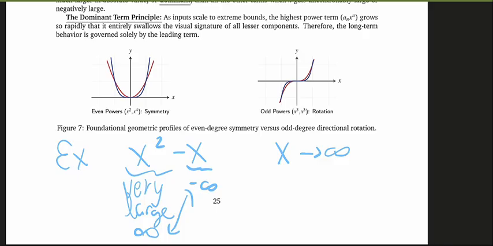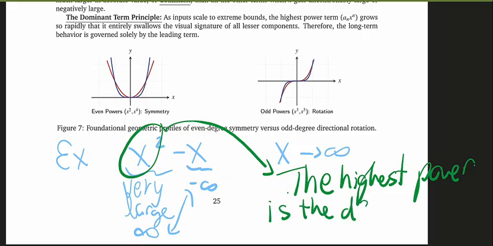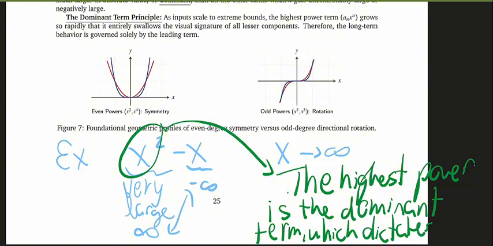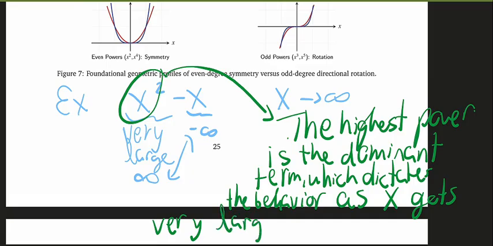If you take a look at the highest power, it is the dominant term, which dictates the behavior as x gets very large or very negative.